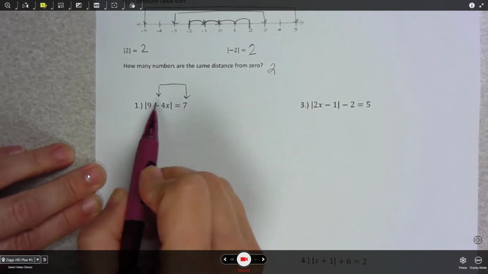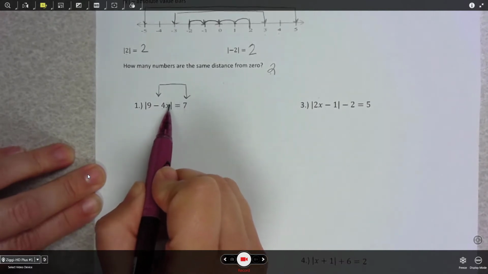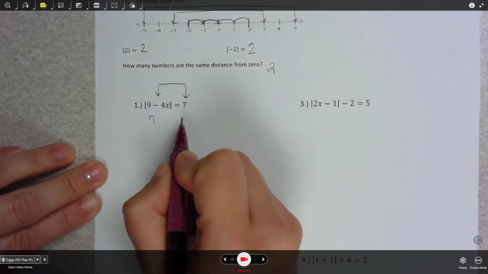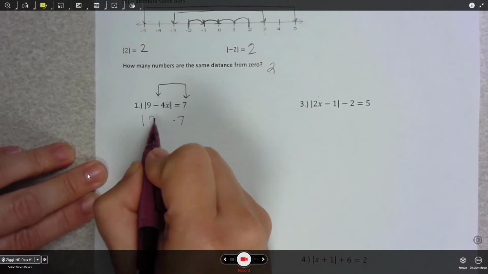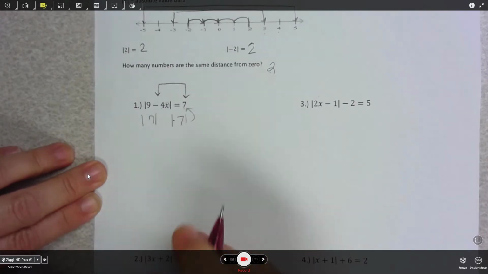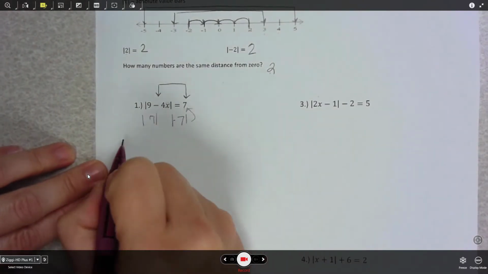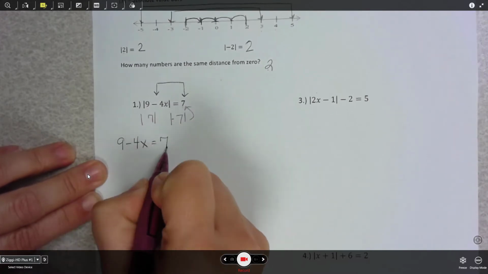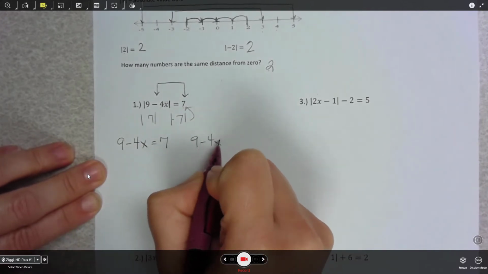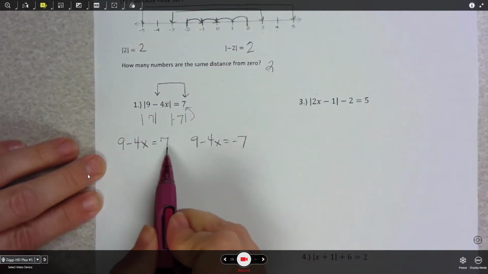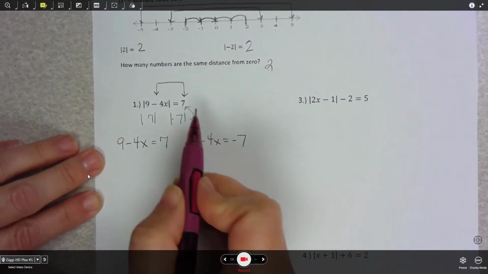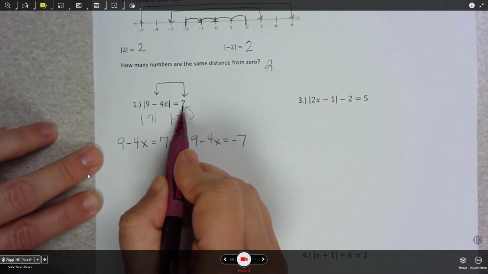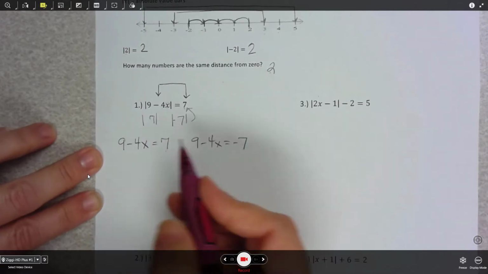So what x value can I plug in so that I get a 7 and a negative 7, because the absolute value of both of these is 7. I'm going to take what's inside and solve for x. What's going to make the inside be a 7, and what's going to make the inside be a negative 7? Because 7 and negative 7 are both a distance of 7 from 0. So let's solve.